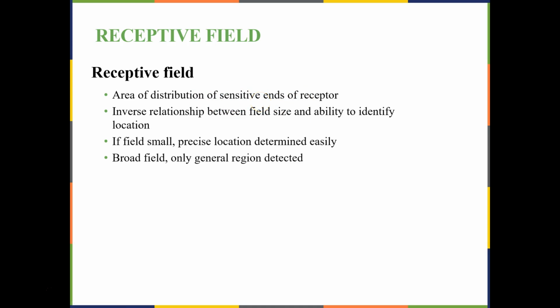Depending on the number of sensory receptors we have within an area, the field can be very large or very small. If you have a lot of sensory receptors in an area, you have a very small field for reception or for taking in sensory information.